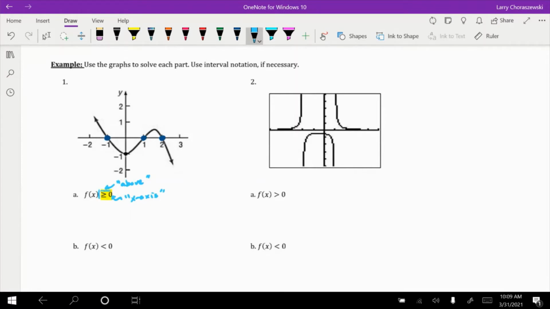So taken together, greater than or equal to 0 in a graphical context means that we're to look for the parts of the graph that are above the x-axis. Now, how many parts of our polynomial graph are above the x-axis? We've got this part right here, and then we also have this little hill.